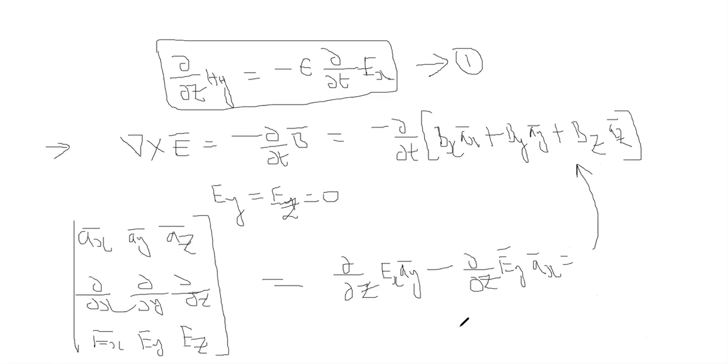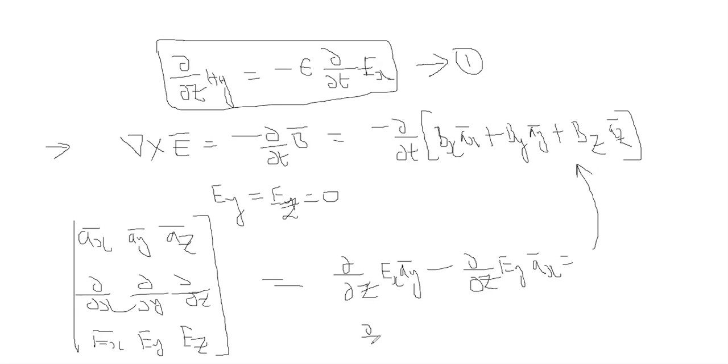So with respect to z we have terms remaining, and with respect to x and y, both are zeros. And since the electric field is in the x direction, Ey and Ez become 0, so the second term is 0.